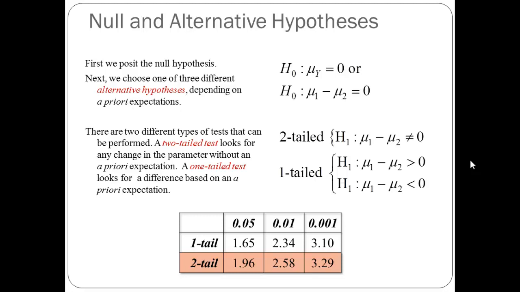Now the table at the bottom shows the different t-scores or z-scores for large samples when alpha equals 0.05, 0.01, and 0.001. Let's just concentrate on the shaded area for the two-tailed test. These numbers should be very familiar to you. If alpha is 0.05 two-tail, it means that 2.5% of the distribution is in the right tail and 2.5% is in the left tail, and that 95% is in between those two tails.